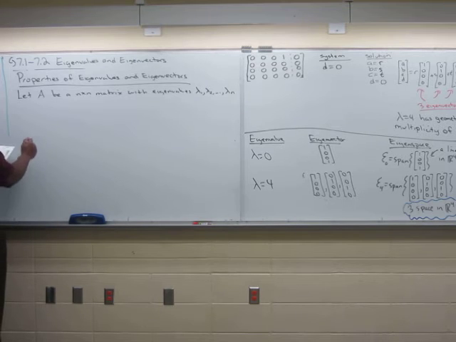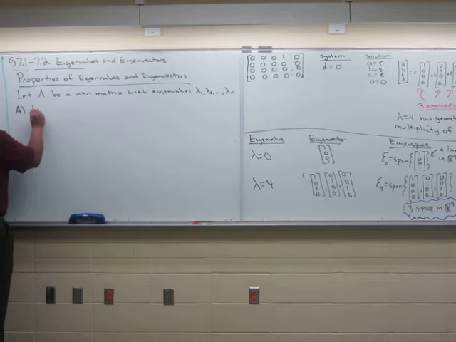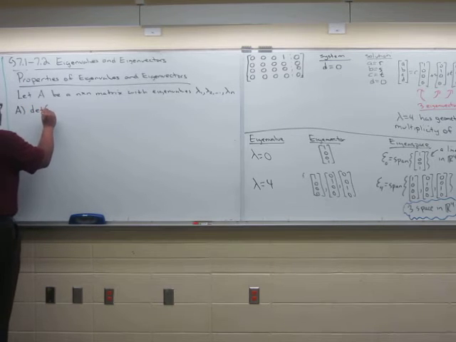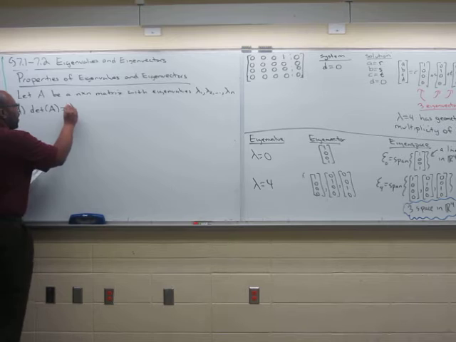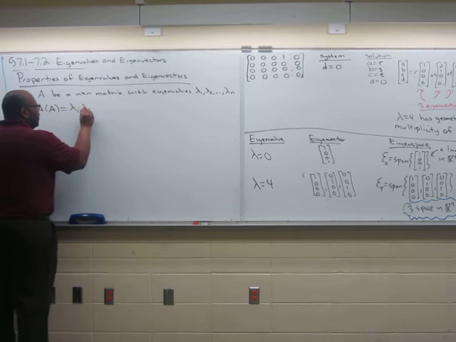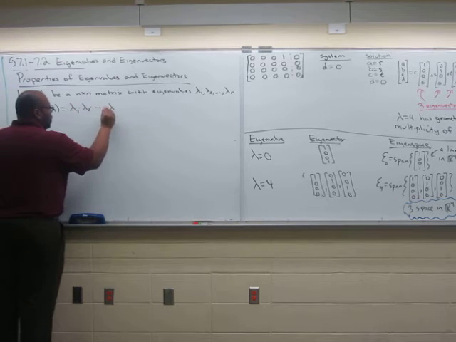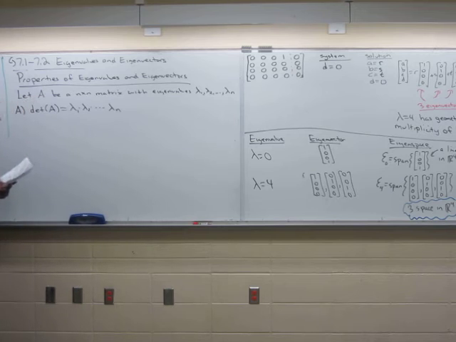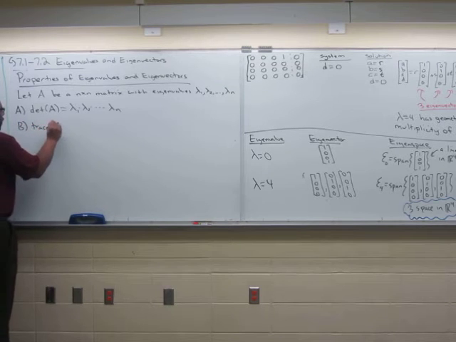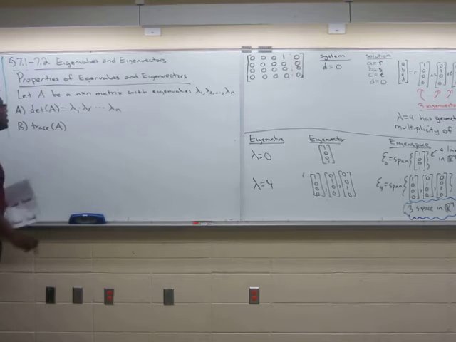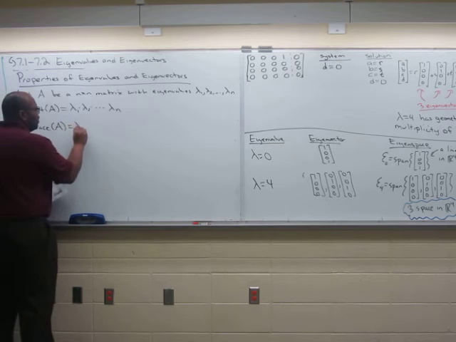Then, A, the determinant of A is equal to the product of the eigenvalues. B, the trace of A is equal to the sum of the eigenvalues.